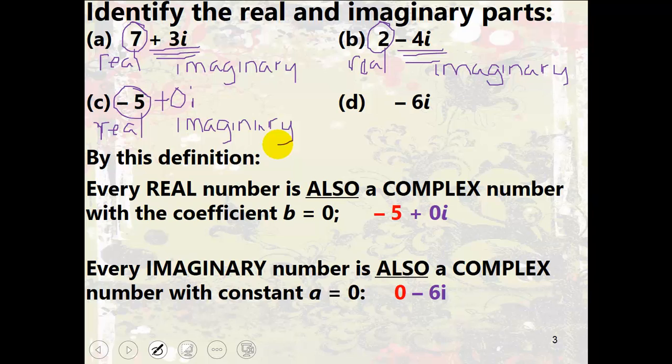All right? And D, well, that looks just like an imaginary, but what it has to have is a 0 real part. It has a 0 real part and a negative 6 imaginary.